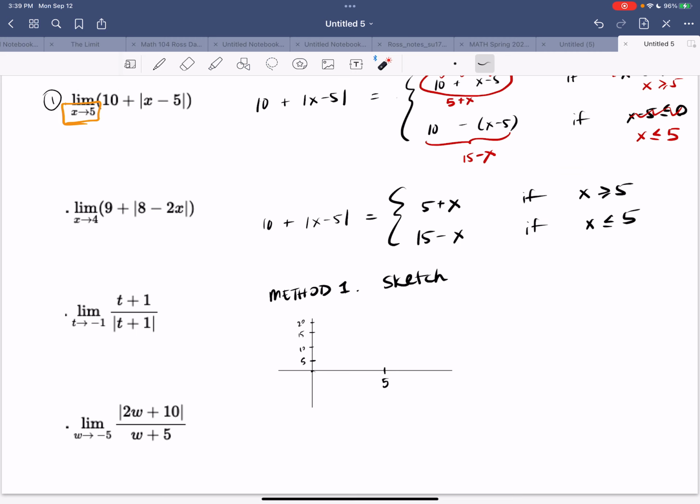So if I sketch that, now when x is equal to 5, this line is going to be at 10, right? So it's going to be a line through this point 10 with slope 1. So it's going to look like this. So it's here, if I go down here to 10, I'll be up to 15. Right, let me see if I can do a good line here. At 0, it should be at 5.